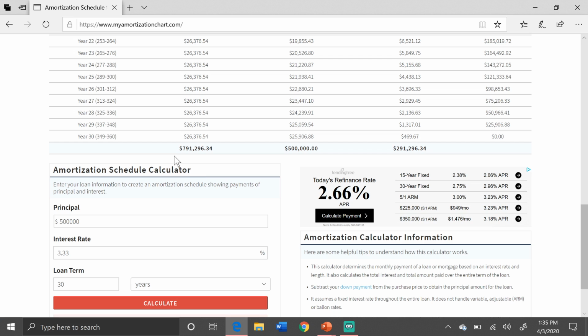You spend $791,000, almost $800,000 total. $291,000 of that is in interest. Okay? That is the fee that you are paying for the right of borrowing money. Now, that's for an investment in something like a home, and you understand that that's what you pay in order to have the right to own a home.